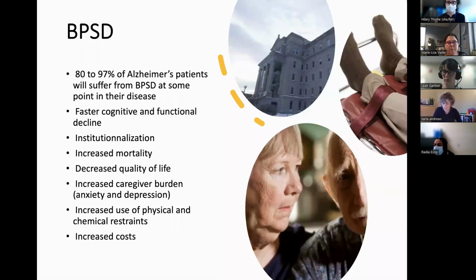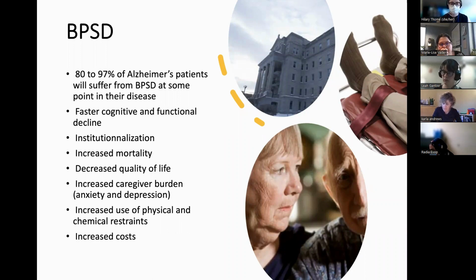So BPSD will affect almost all patients with dementia at some point in their disease, and it may be one or the other symptoms. It is associated with faster cognitive and functional decline, with earlier institutionalization, with increased mortality, with decreased quality of life, and also increased caregiver burden.